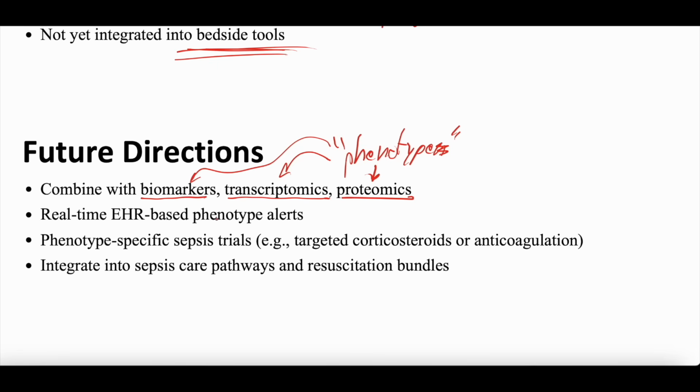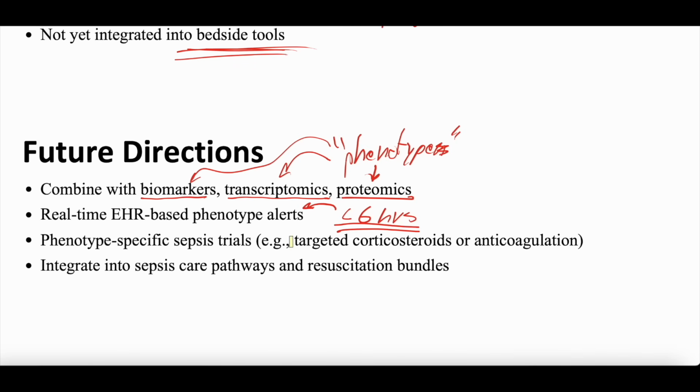Real-time electronic health record-based phenotype alerts. This would be really cool if these phenotypes were validated, if these were real, because it was all on data that we had within 6 hours of presentation. So could we say, oh goodness, this person's got septic shock, but not only that, they're the gamma phenotype. So that's an interesting future possible direction.